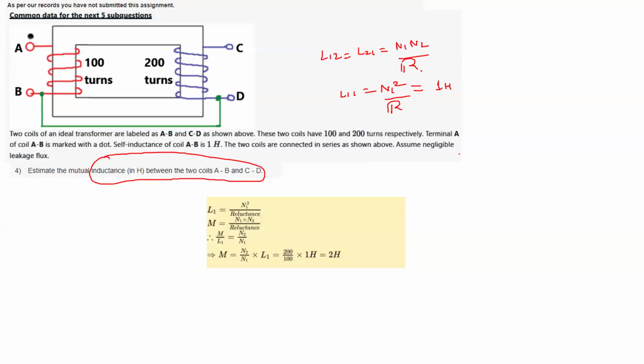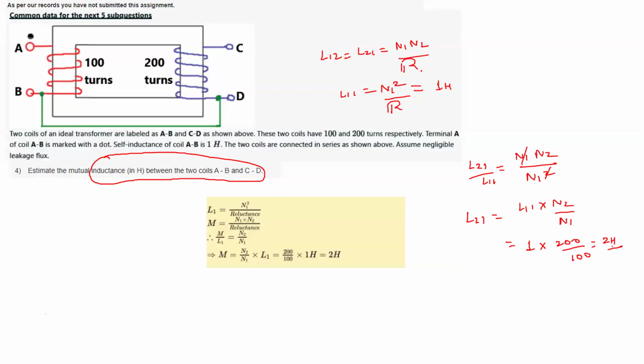Again we take the ratio: L21 by L11 is N1 N2 by N1 square. One N1 cancels, so L21 is L11 into N2 by N1, which is 1 Henry into 200 by 100, which is 2 Henry.